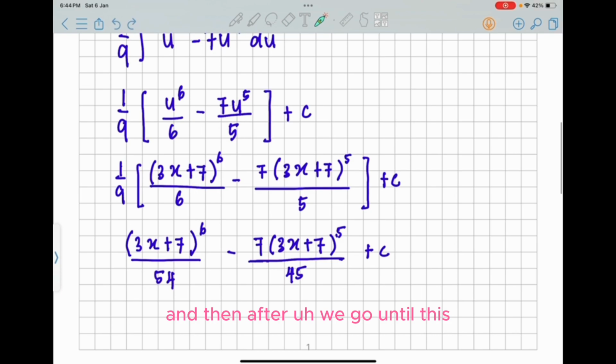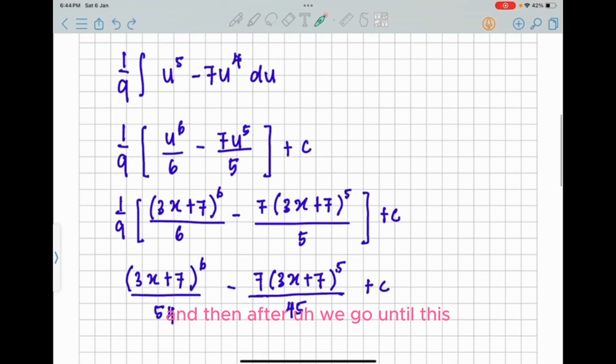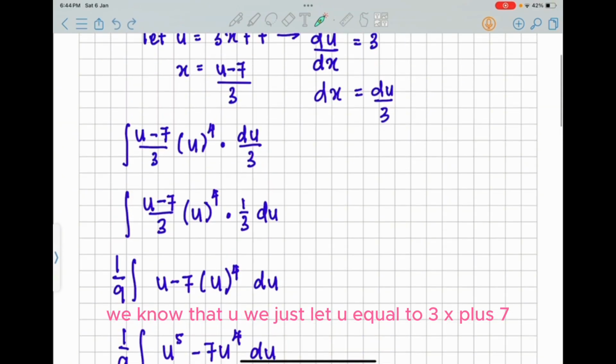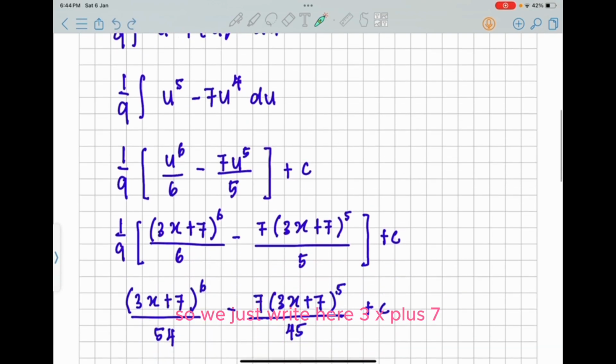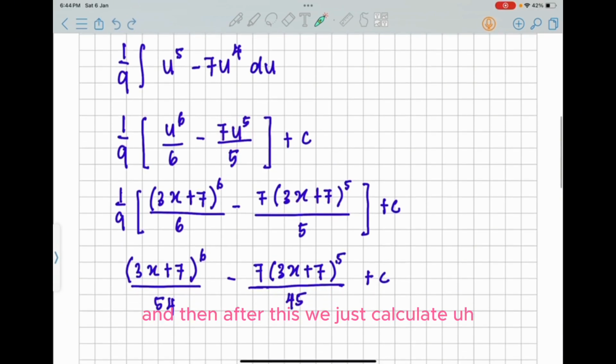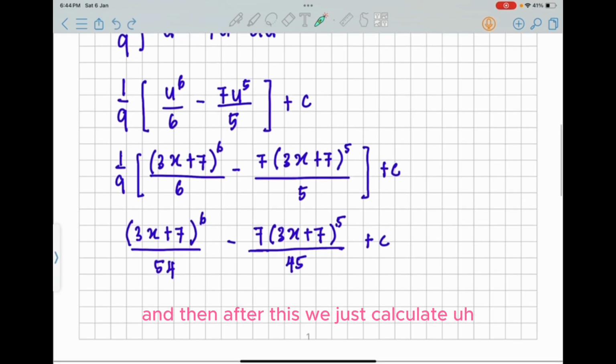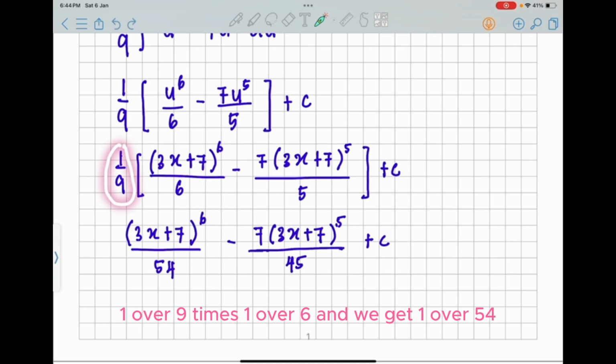After we get to this, we know that u is 3x plus 7, so we write 3x plus 7 here, and also for u here. Then we calculate 1/9 times 1/6, and we get 1/54.